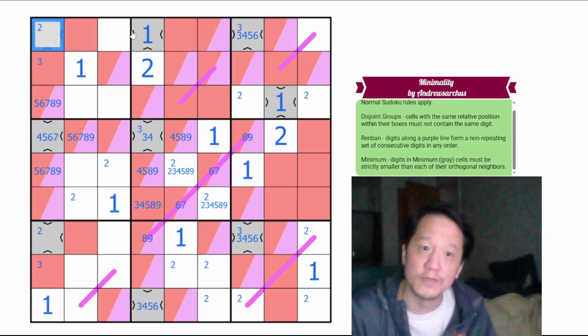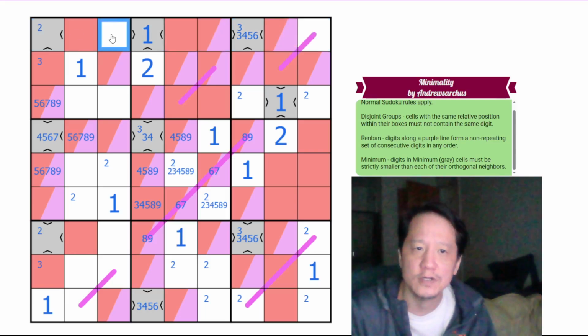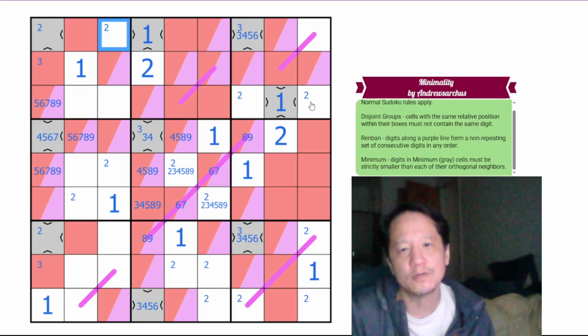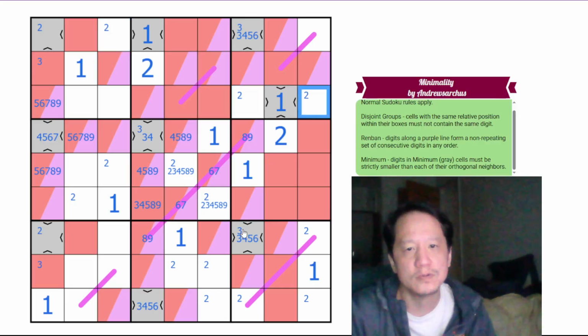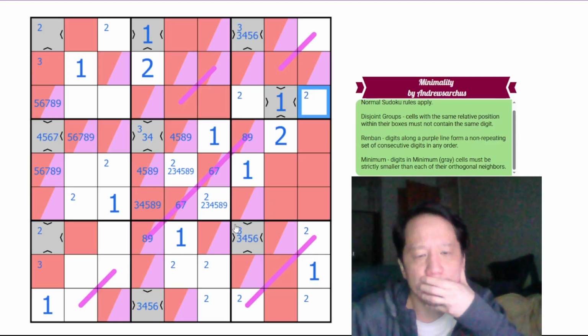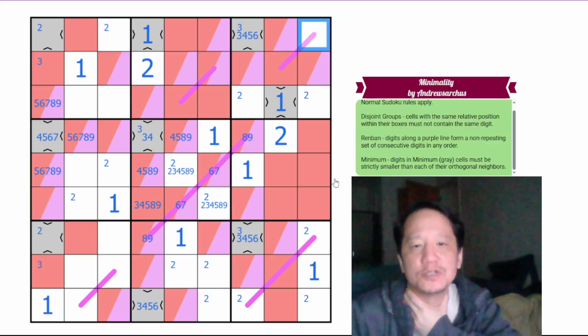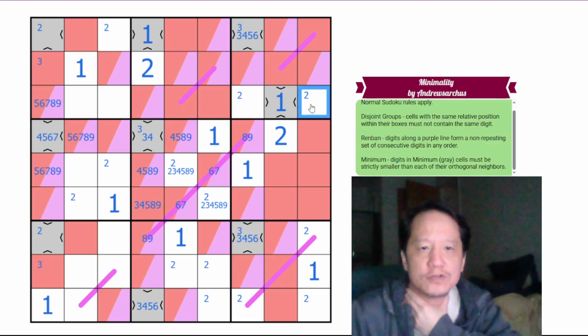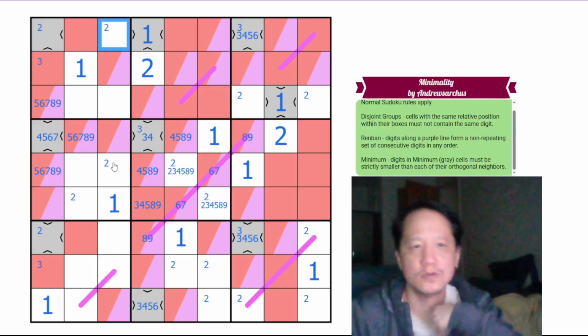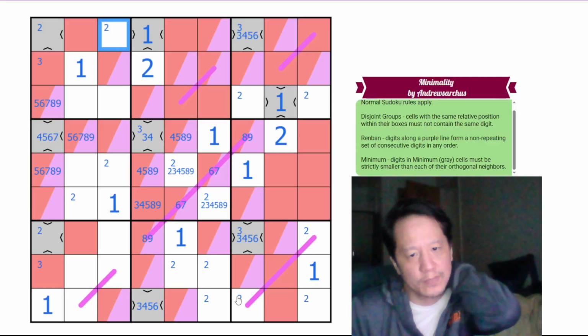I guess one of these is 2. That's interesting. So one of these is 2 here. One of these is 2. Right, so this could still be 2. So this can no longer be 2 anymore. So one of these is 2. One of these is 2. What happens?